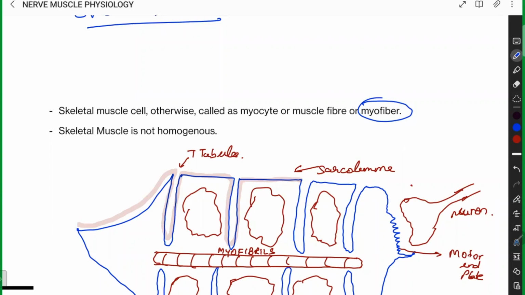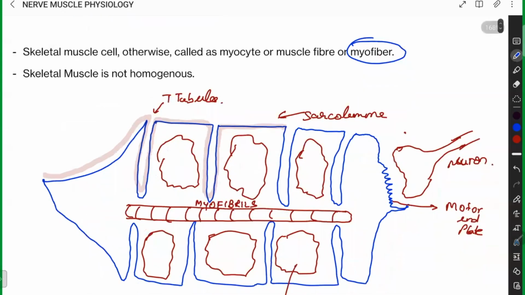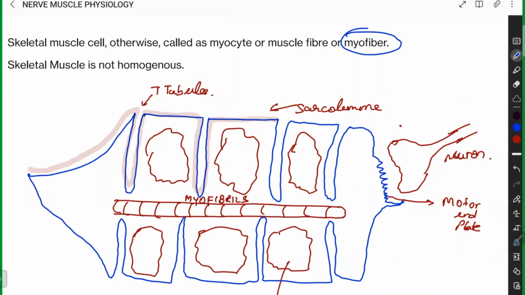And they are going to have a covering. Your entire skeletal muscle cell is covered. What is that covering called? The cell membrane that covers it is called the sarcolemma. As you can see, at the end of the dipping, you have numerous foldings, isn't it?